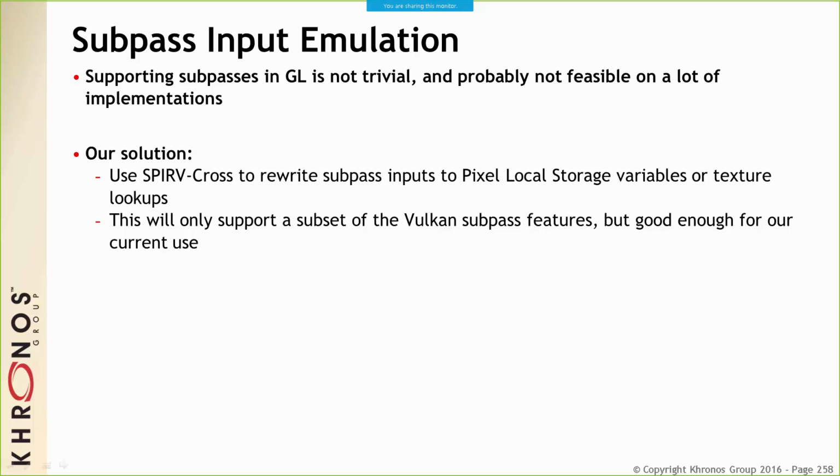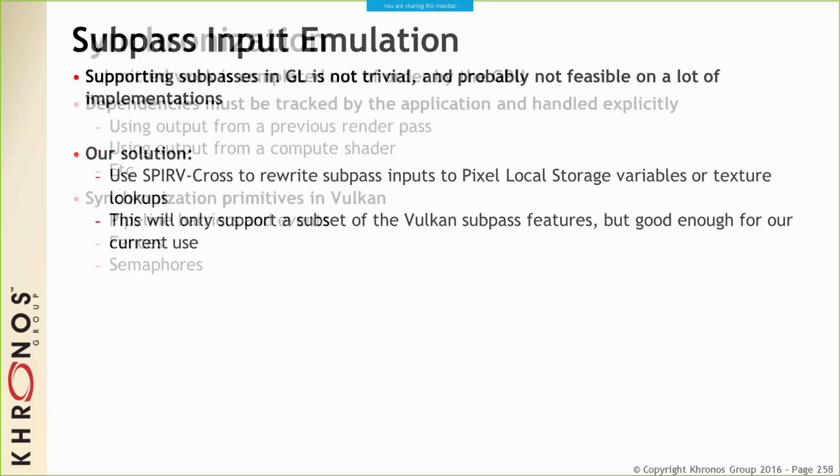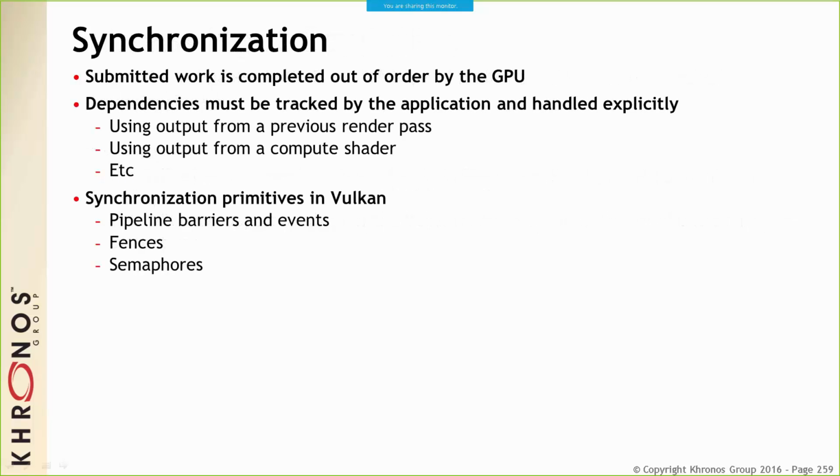Synchronization: in the beginning, what you can do to make your life easy, when you submit something, is just do a full stall every time to avoid any kind of synchronization problems. But as soon as you can, try to move away from it, because you can easily fall into a trap where you just can't get away from those full stalls, because some bug comes up and you have no idea where it happens.